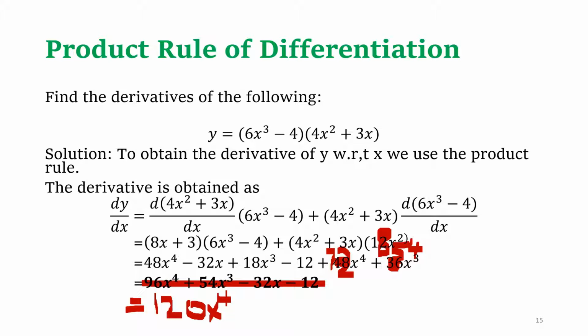And let's look at this. 18x to the 3 plus 54x to the power 3. That's going to give us 72x to the power 3, right?